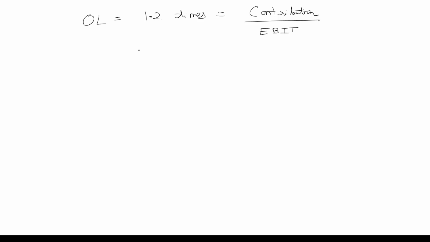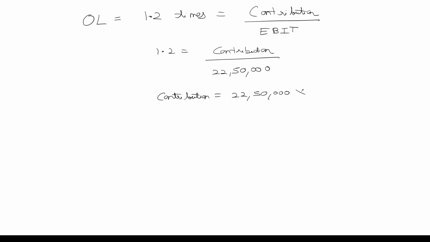I know my EBIT here, that is 22 lakhs 50,000. I don't know the contribution, which is what I want to find out, and I'll be able to find out by multiplying. So my contribution here is 22 lakhs 50,000 into 1.2. So that is 27 lakhs. So contribution is 27 lakhs.